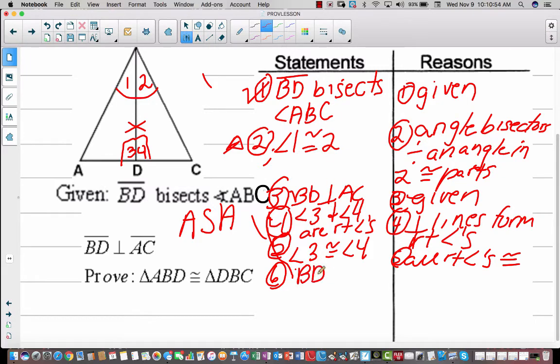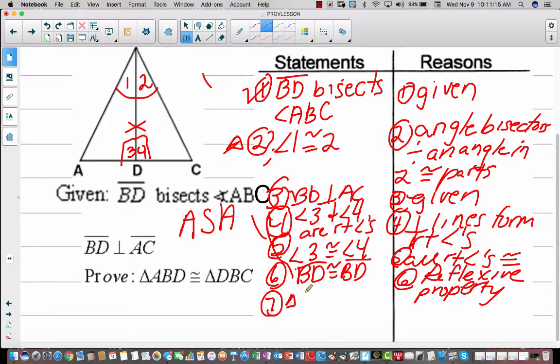So BD was congruent to BD, and that was called the reflexive property. Now I can close up the proof. The last and final step, remember, is that the proof will be my conclusion. So triangle ABD is congruent to triangle DBC, and my method, which we already stated earlier, was angle side angle congruent to angle side angle.